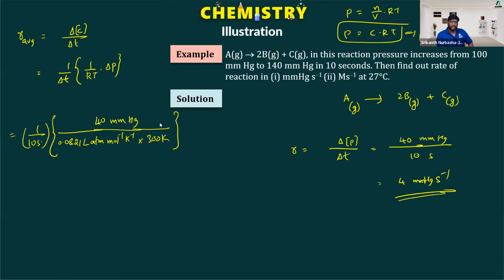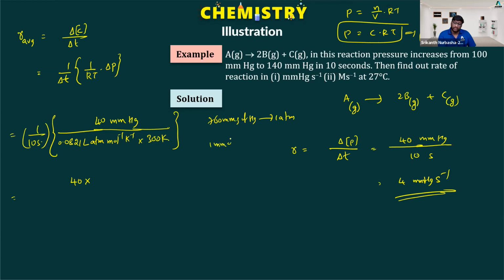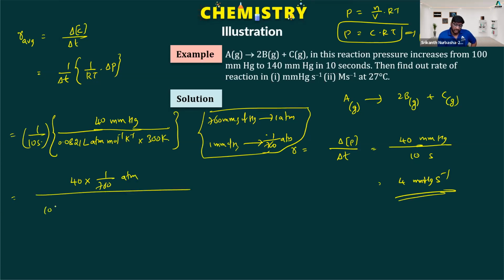You have to convert mm of Hg into atmosphere. 760 mm of Hg is 1 atmosphere, so 1 mm of Hg is 1 divided by 760 atmosphere. So 40 into 1 by 760 atmosphere whole divided by 10 seconds into 0.0821 into 300. Kelvin inverse and Kelvin cancel out.